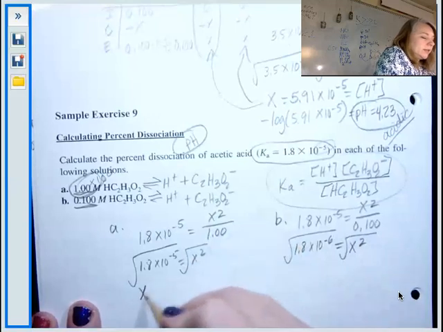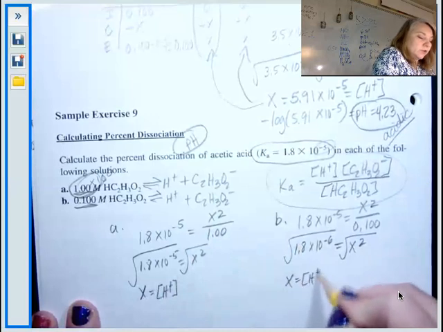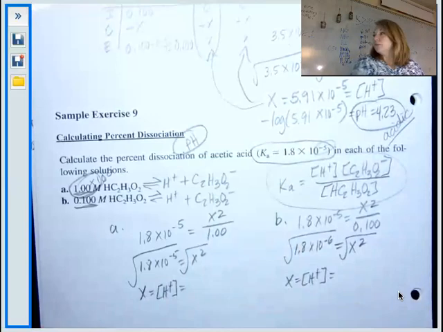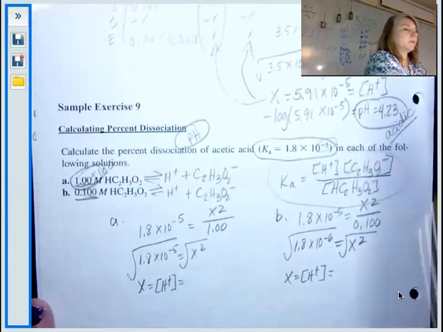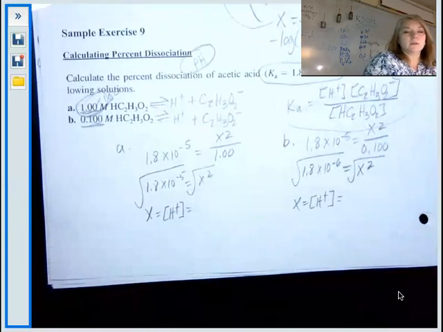And your X is your hydronium ion concentration, because we need that for pH. The reason I'm making that important is because we're calculating pH here. All right, I'm going to let you guys tell me what the values are for each one of those.